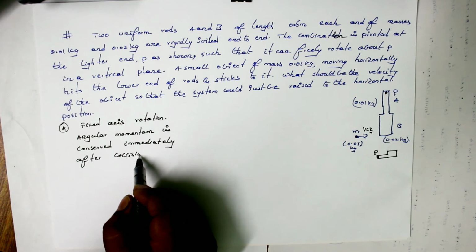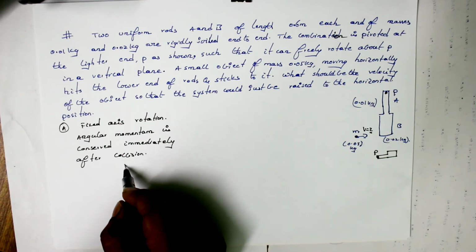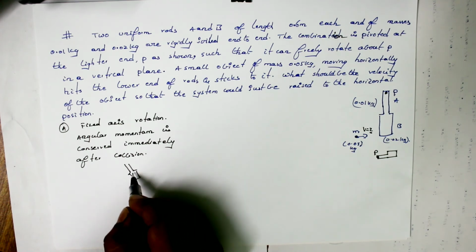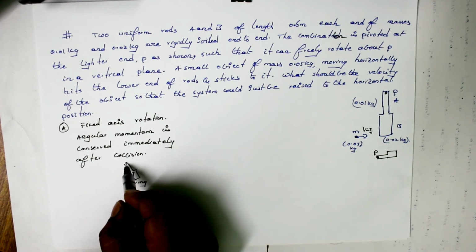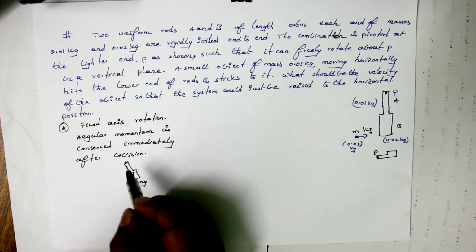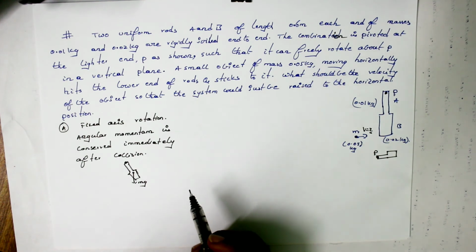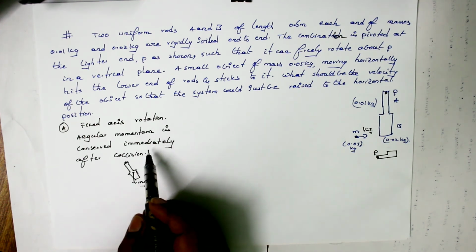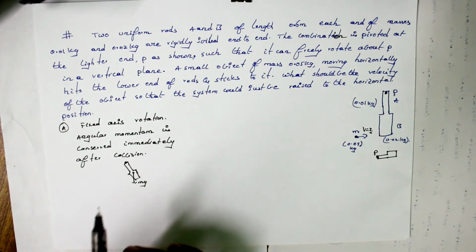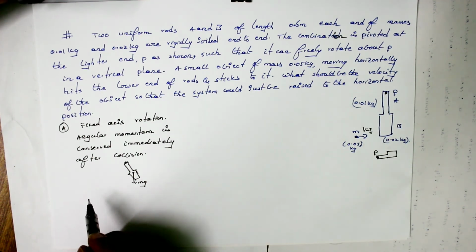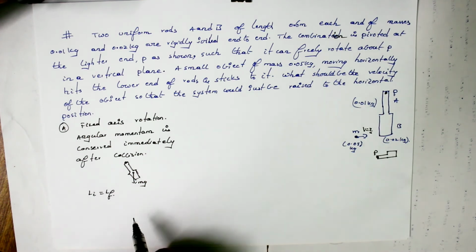Because sometime after the collision, for example, if the rod becomes like this, then the total weight of the rod starts acting in the downward direction, which will give an external torque about the axis of rotation. Then definitely angular momentum is not conserved. So the angular momentum equation can be applied only immediately after collision. So immediately after collision, L initial is equal to L final.